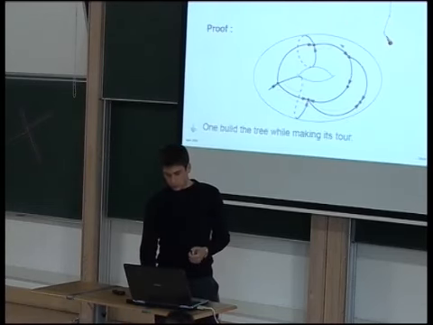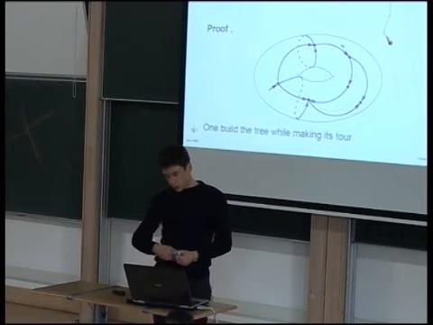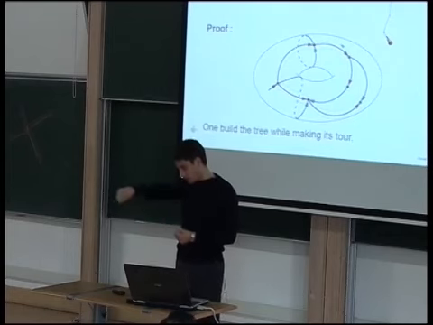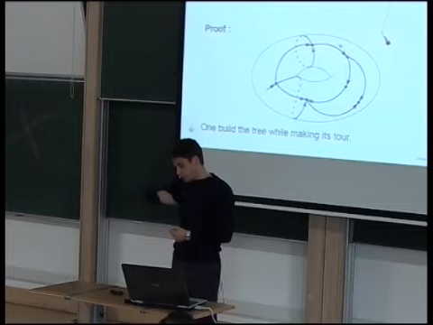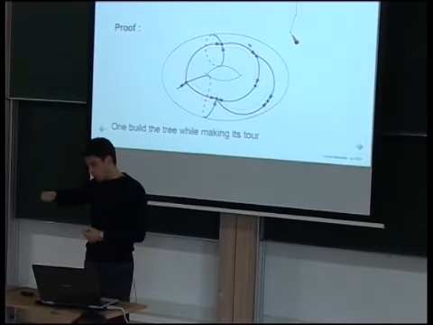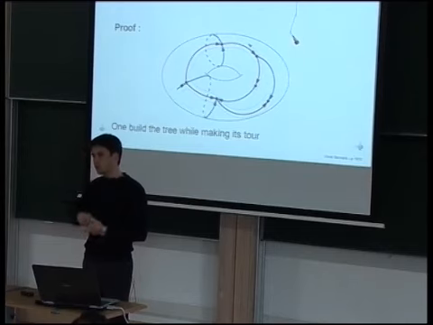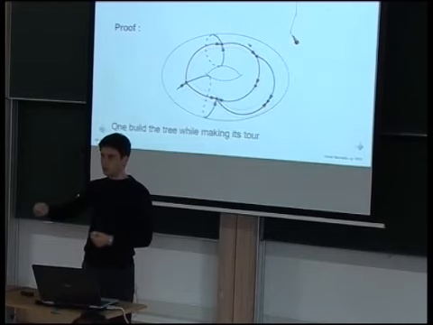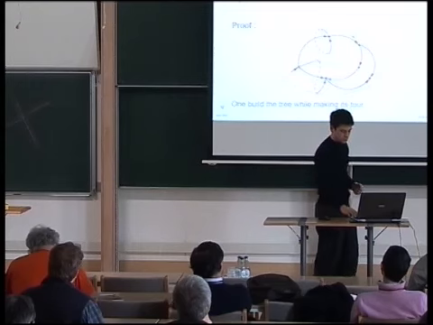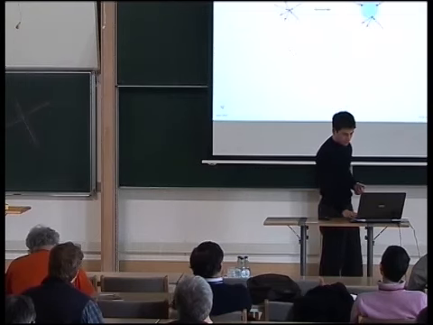So maybe I should say why. Well, because the submap, you have oriented it. So when you are making the tour of your submap, you are visiting every vertex. But when you arrive at it, you arrive by a red edge, and so this red edge is pointing at it.